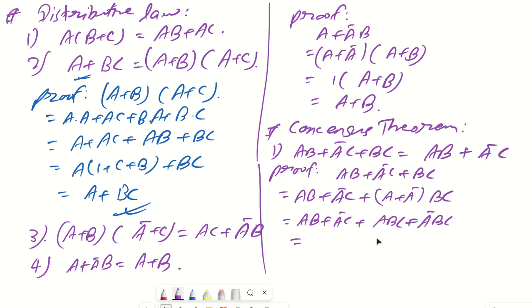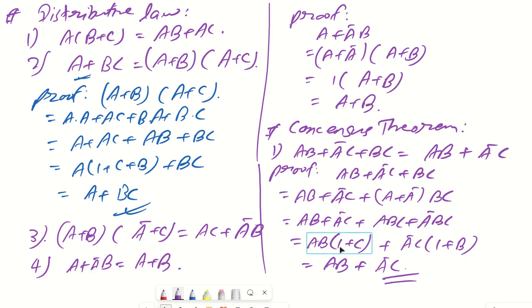So ab into (1 plus c). Then I can take out a bar c common from this term and this term, then 1 plus b will come, right? 1 plus c is nothing but 1, so it is going to be ab, and in the same way it is going to be a bar c. So this is how the consensus theorem is proved.